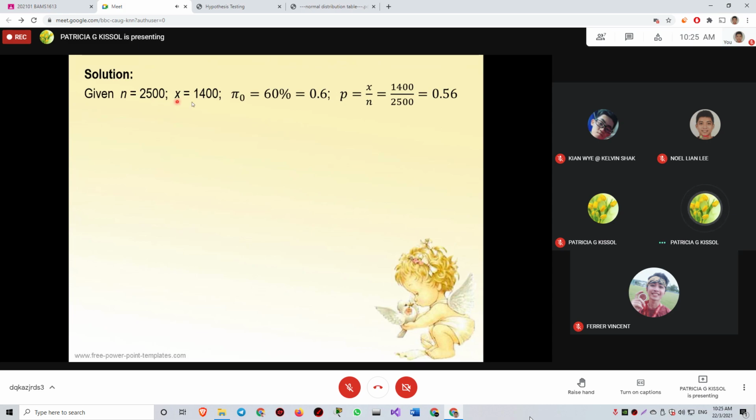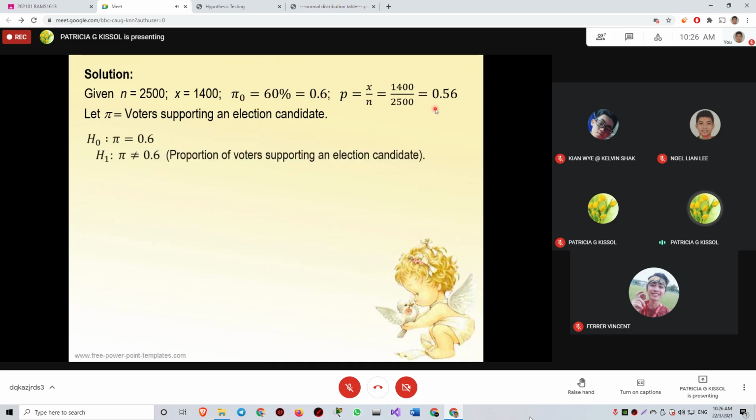And here we have all that information. You see the n is 2,500, and 1,400 support him. His claim is 60%, and therefore we can get our p: 1,400 divided by 2,500 gives 0.56. Our random variable pi is the proportion of voters supporting the election candidate.